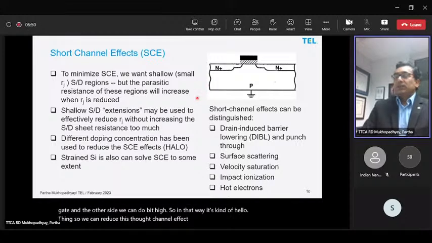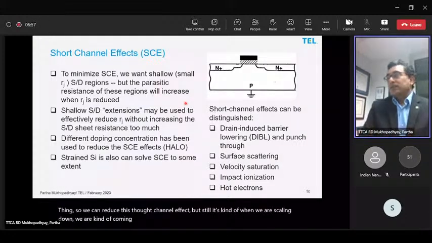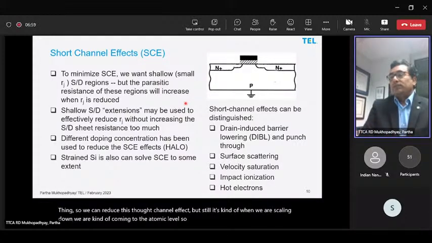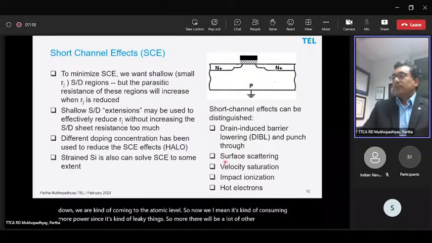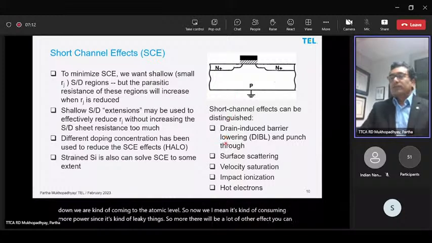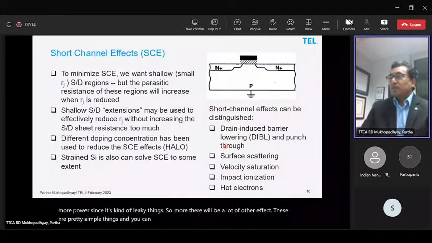But still, when we're scaling down, we are coming to the atomic level. So now it's consuming more power since it's leaky. There will be a lot of other effects. These are pretty simple things, and you can search the theory part; I'm not going into detail.